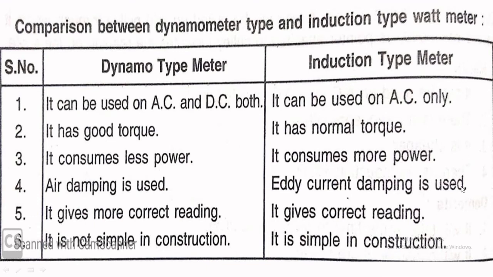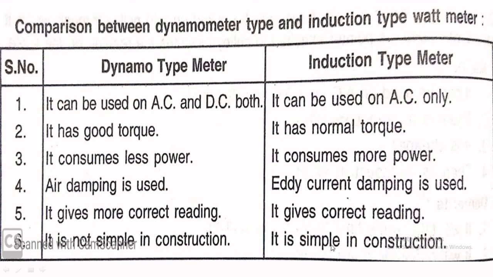Here you can get a question like this. In dynamometer type, dash type of damping is used. You can tick air damping. The dynamometer gives a more correct reading, whereas the induction type gives a less correct reading. The dynamometer is not simple in construction, whereas the induction type is simple in construction.